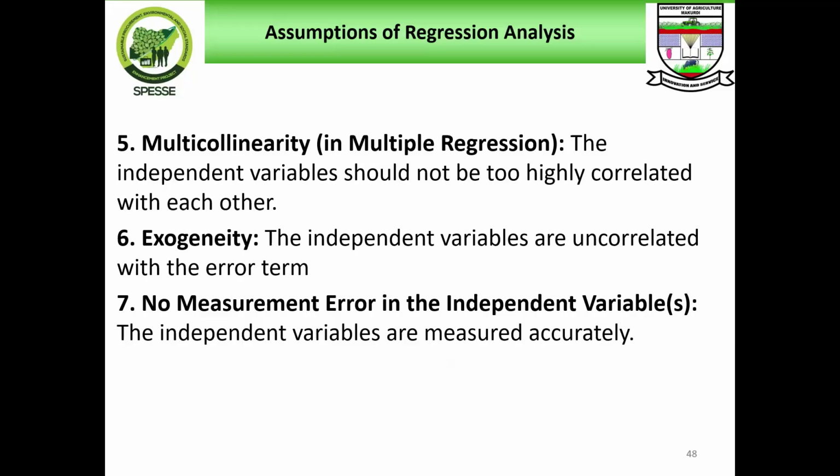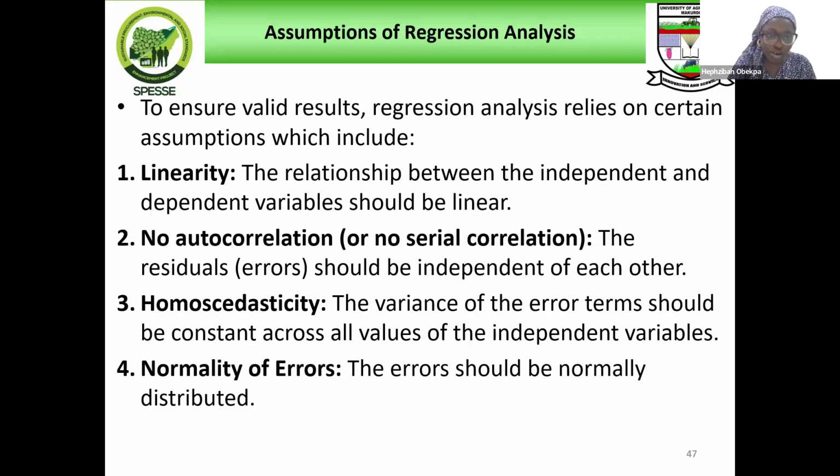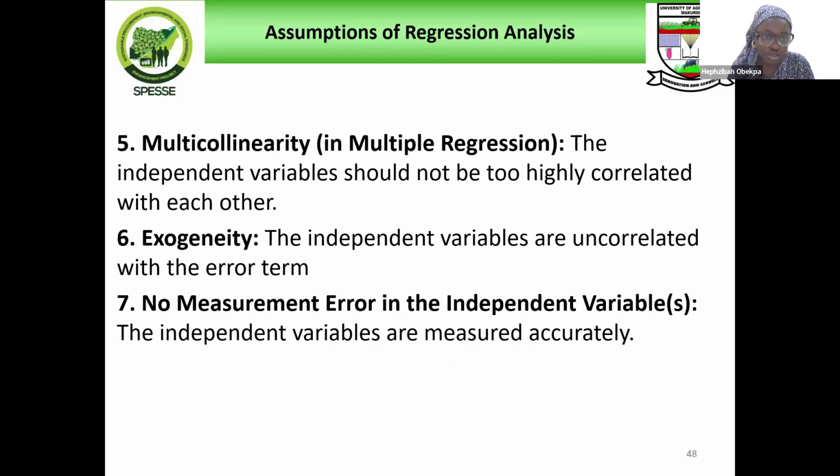Yes. The fifth assumption is multicollinearity. So we have looked at linearity, we have looked at homoscedasticity, we have looked at normality of error term, and we have looked at autocorrelation. Now, what do we mean by multicollinearity? So in the examples that we're looking at, age, income, and which other variable, social mobility, what are we saying? We're saying age and income should not be too highly correlated.